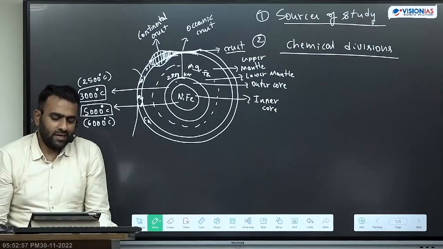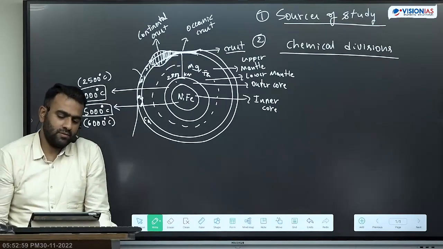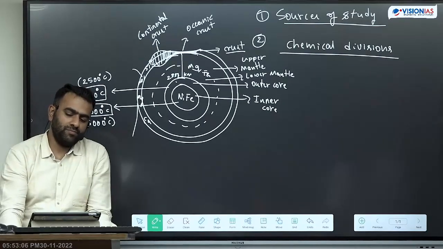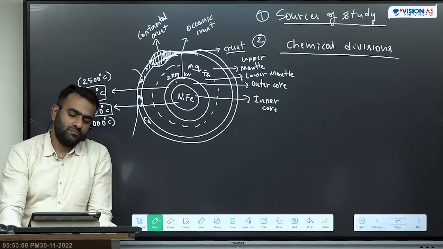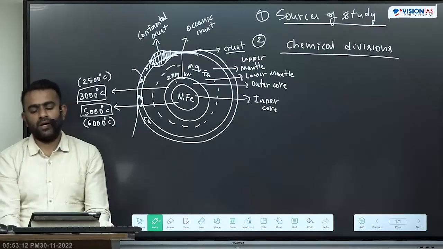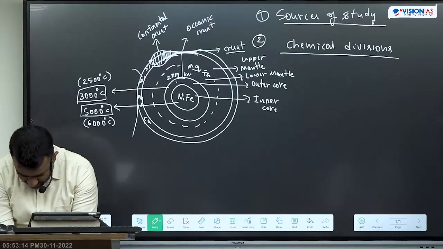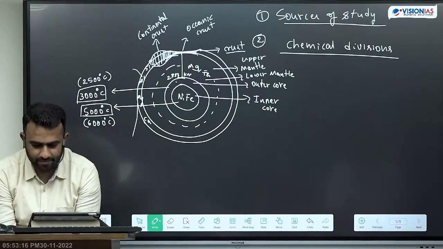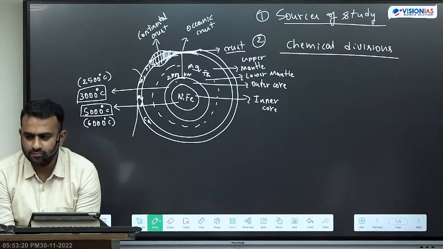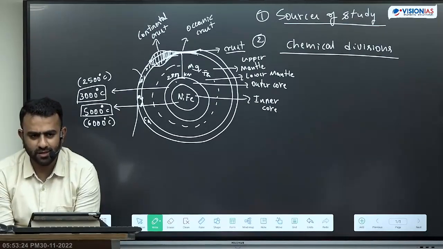The mantle contains a higher proportion of magnesium and a lower proportion of silica and aluminium.